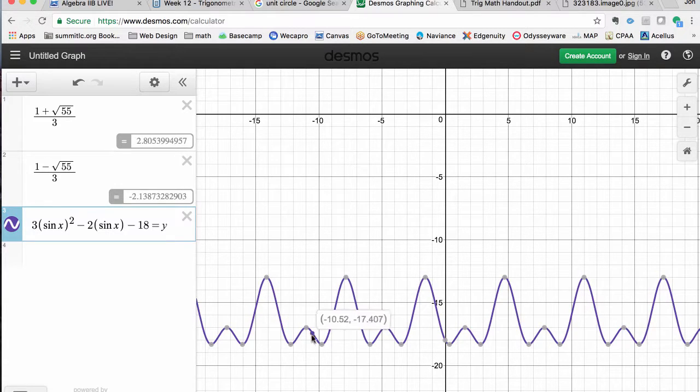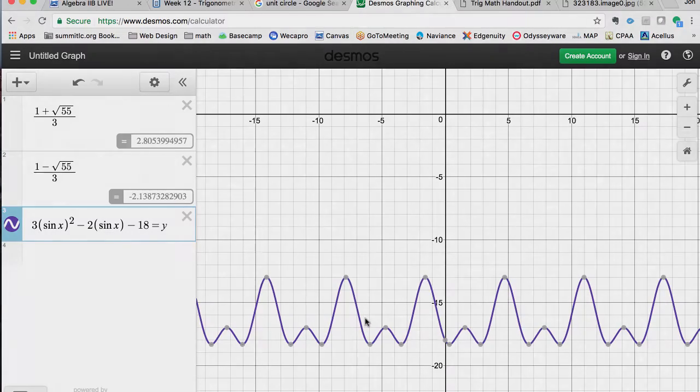Are there any points where we have a value of 0? I never get a y value of 0. It's shifted down so far that it makes sense why there's no solutions. It's undefined because there's no angle that'll give me the values that I need. So graphically, there are no points where it equals 0, and this is confirming the algebra we just did as well. I'm feeling much better about my answer.